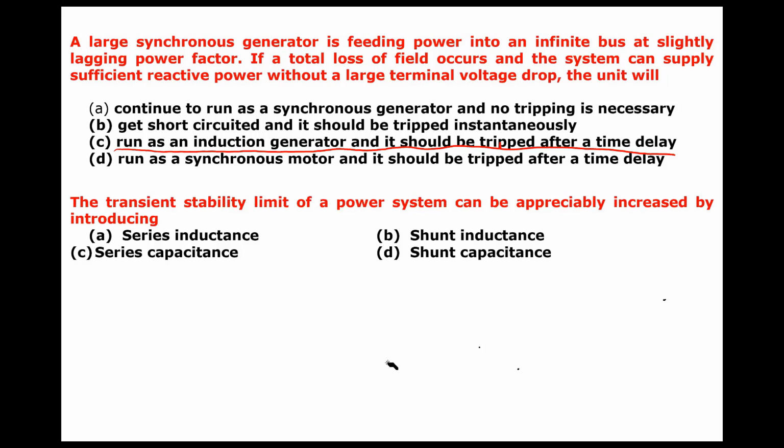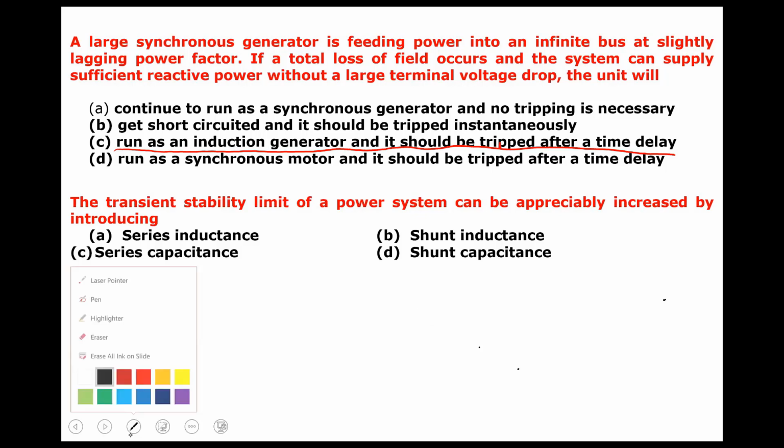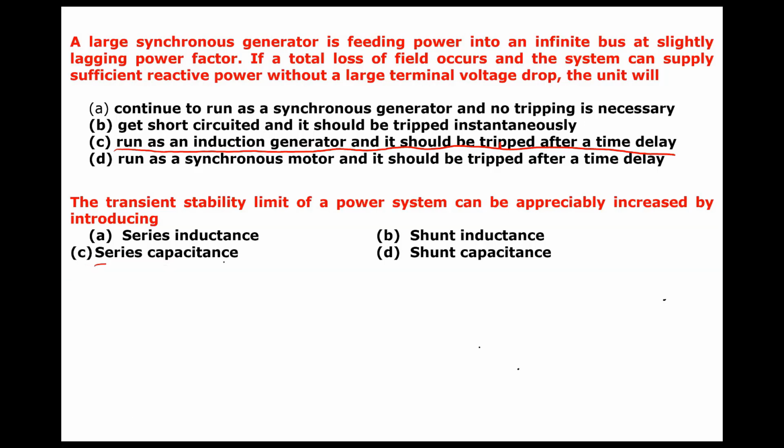The most preferable method is series capacitance. Series capacitance will help us improve both steady state stability and transient stability, because it directly reduces the reactance. Once you connect a series capacitor, it directly reduces the reactance. So that is the right option.